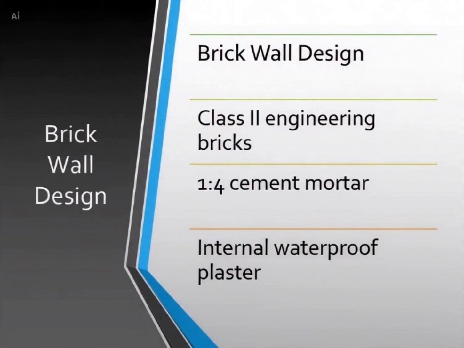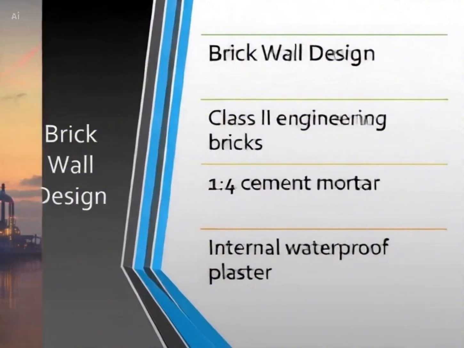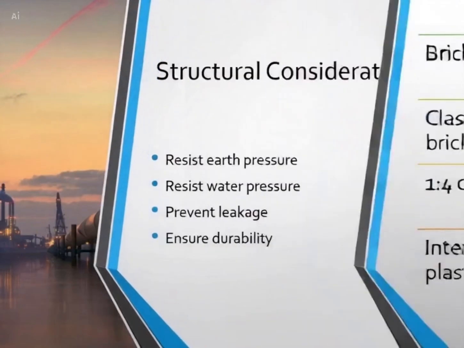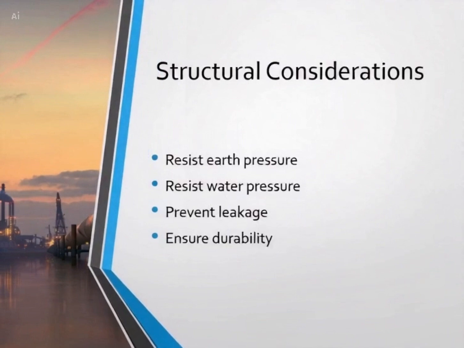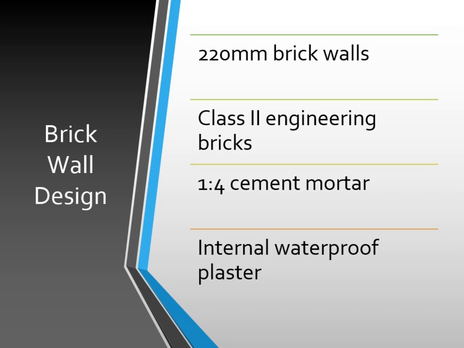Brick wall design. Now let's discuss the brick wall structure itself. Because the tank is underground, the walls must resist earth pressure, water pressure, and surcharge loads. Typical wall construction will be a double brick wall, cement and mortar brick wall, and it will have waterproof plaster internally.